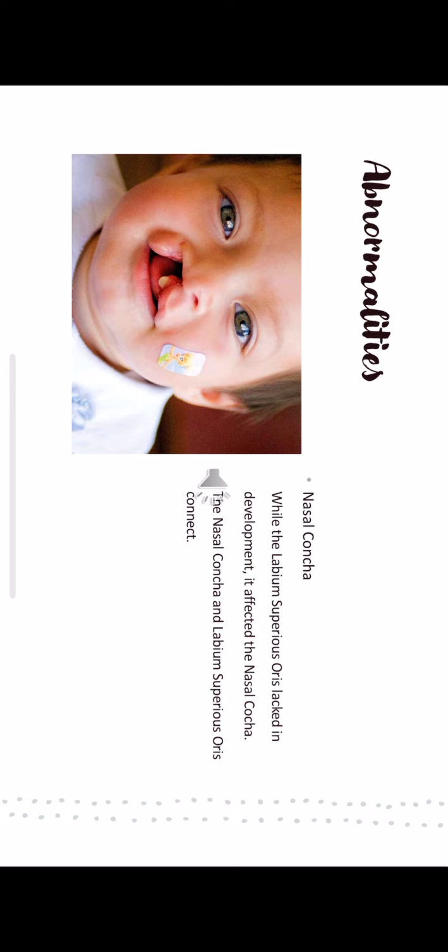So it had to have affected it in development, whether the bone is slightly crooked, or maybe it has just grown that way, but it's sort of inferred that the nasal concha had to have been affected, I'm assuming.